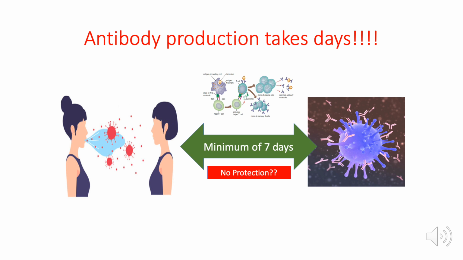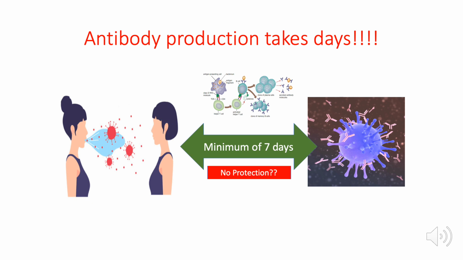I want you all to understand that from the time that you are exposed to the infectious agent, up to the time that the infectious agent is presented by the antigen presenting cell to the T helper, up to the time that the T helper looks for the B cell, until the B cell transforms to become the plasma cell, and until the plasma cell is able to produce antibodies, you have a certain period, a minimum of 7 days, that you don't have antibodies, because they do not appear immediately after exposure to the infectious agent.